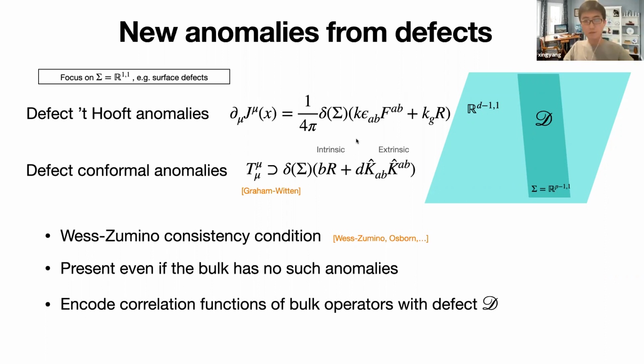No problem. Another question. Here you are considering just one defect object, right? I don't know whether this is a crazy configuration, but if I have two defects crossing each other, is there any ambiguity?